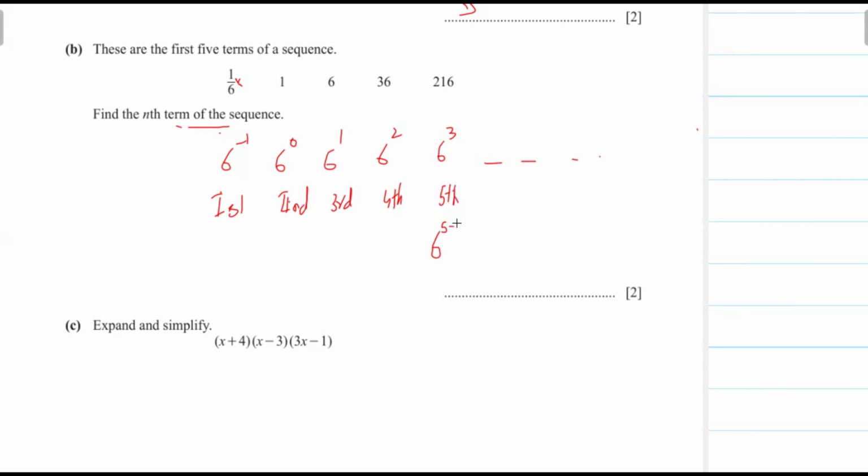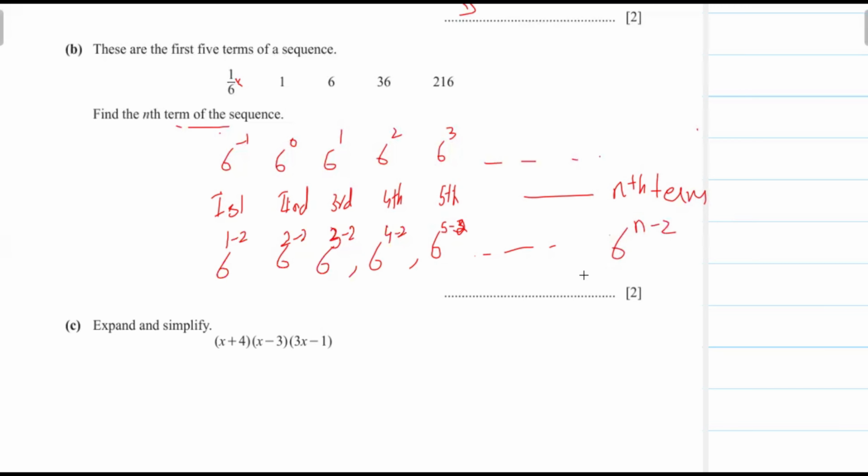Fifth term: 6 power 5 minus 3, fourth term: 6 power 4 minus 3, third term: 6 power 3 minus 3, second term: 6 power 2 minus 3, and first term: 6 power 1 minus 3. Look here. In each term, we write 6 power the position of the term minus 2. Therefore, the nth term we can write as 6 power n minus 2, and this is the answer.